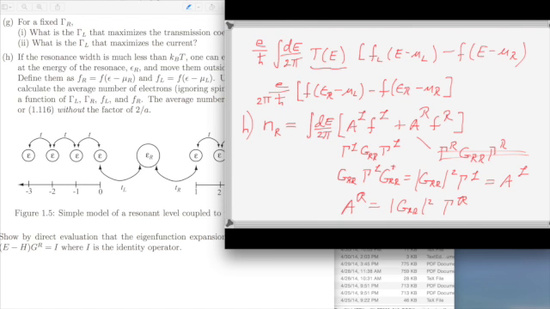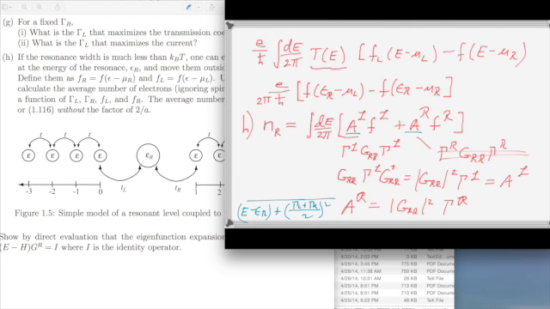It's just coming from our G squared term. So it's all over a common denominator of E minus epsilon R magnitude squared plus the thing coming out of the imaginary part, gamma L plus gamma R over 2 quantity squared. That's the common denominator.